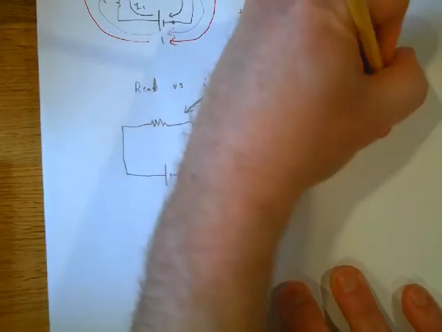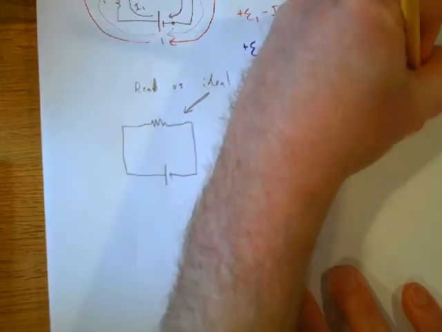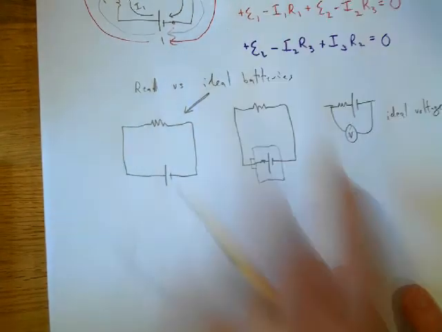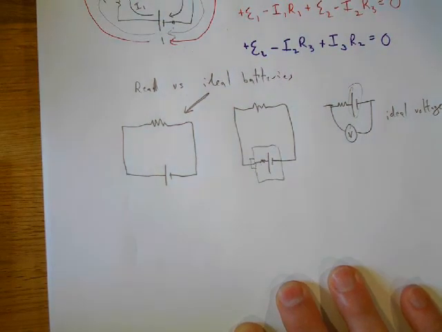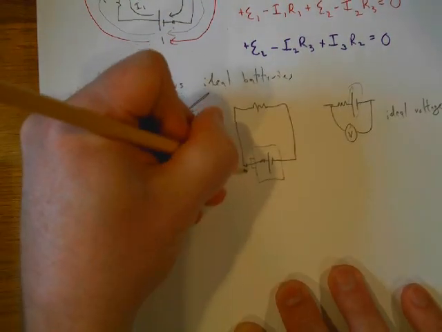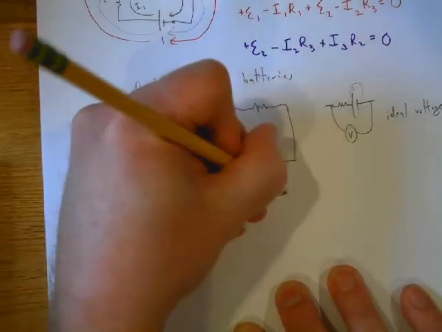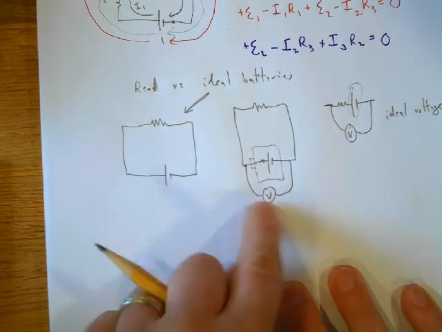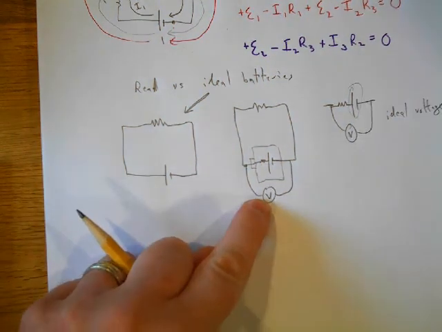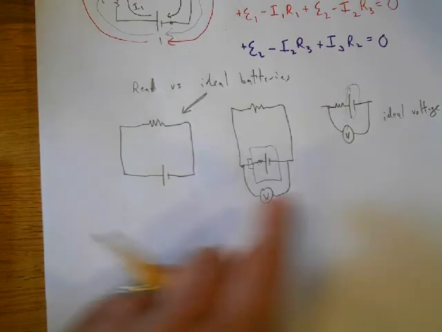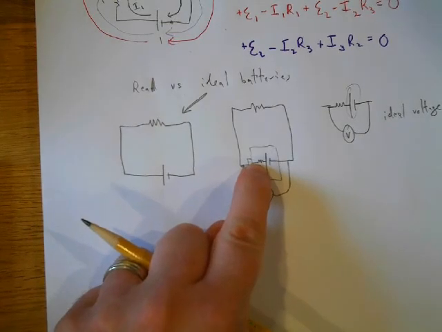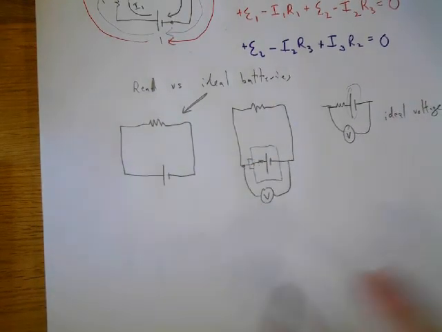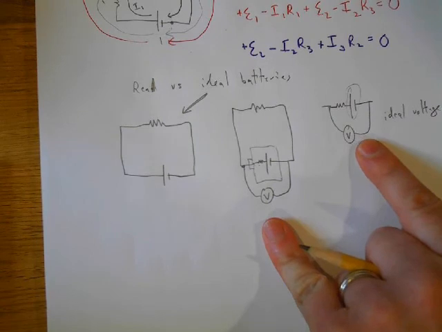If you just have your battery, not part of your circuit, and you hook up a voltmeter across there, this voltmeter would tell you your ideal voltage, because there's no current there. So really it's just the voltage of this piece. If you hook up a voltmeter here, this reading would be less than that reading. Why?